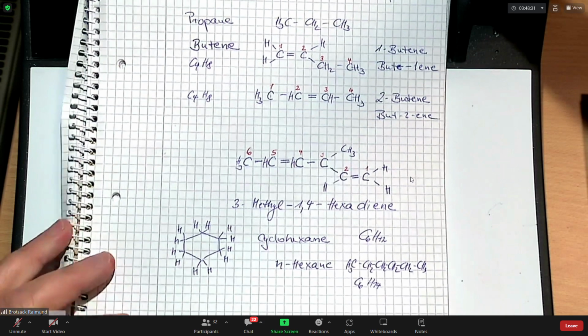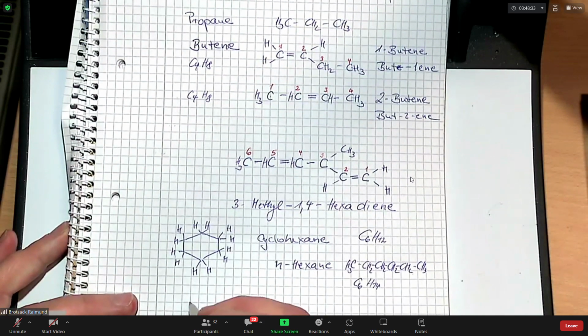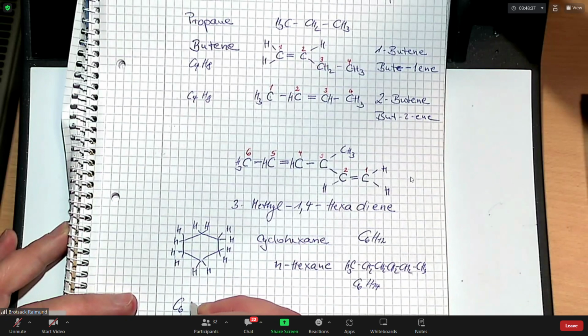When we come to the aromatics, the formula is C6H6. That's benzene. Here we have double bonds, so each carbon has one hydrogen less.